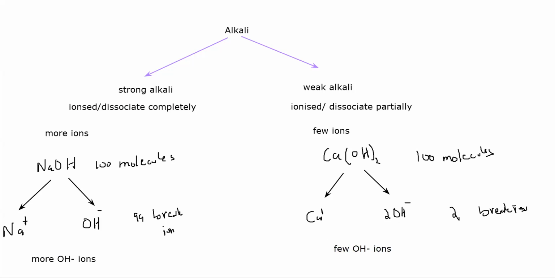How can we find a difference between a strong and a weak alkali? We'll take a container and fill it with the alkali we want to identify, whether it's strong or weak. And we will pass the current, do electrolysis.